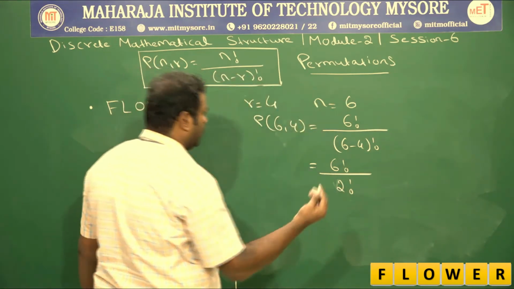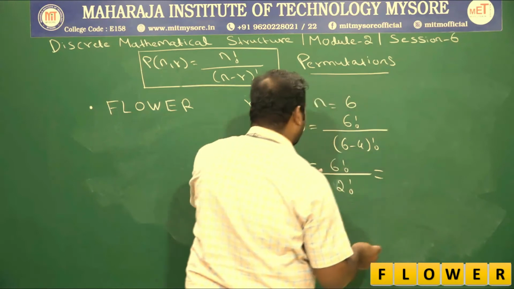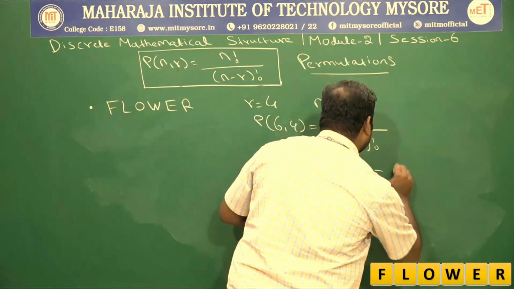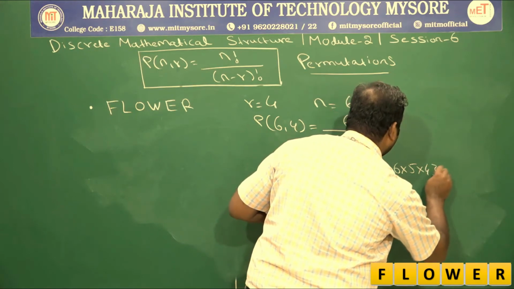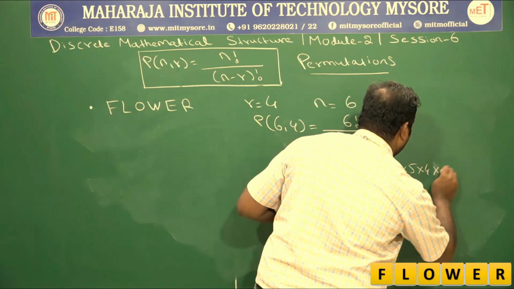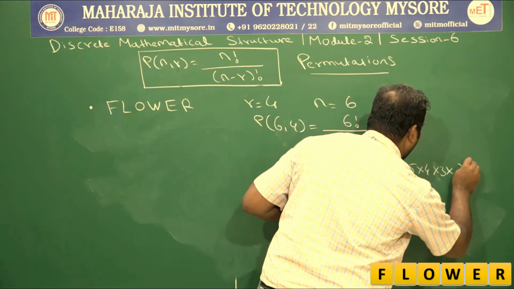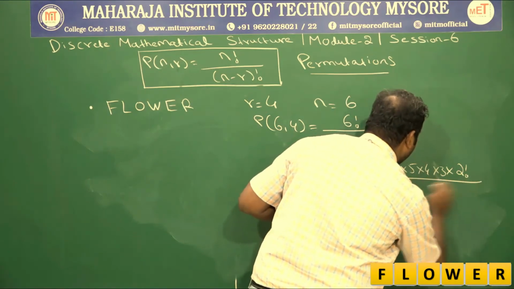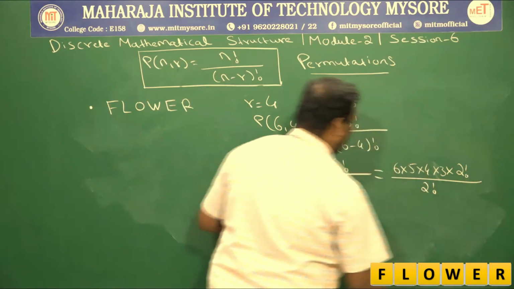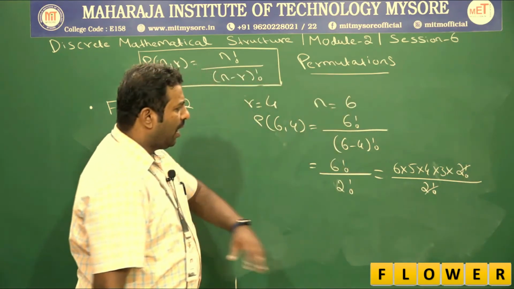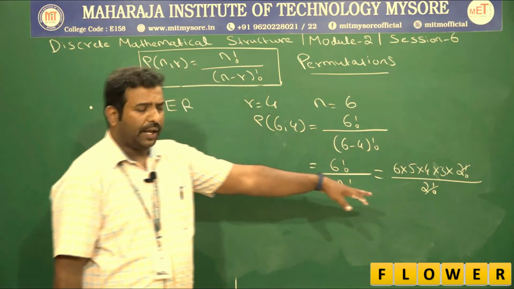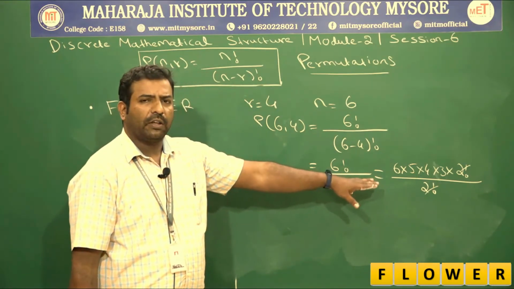Fine? I think you can solve this, but let me simplify it. 6 into 5 into 4 into 3 into 2 factorial divided by 2 factorial. So this 2 factorial gets cancelled.